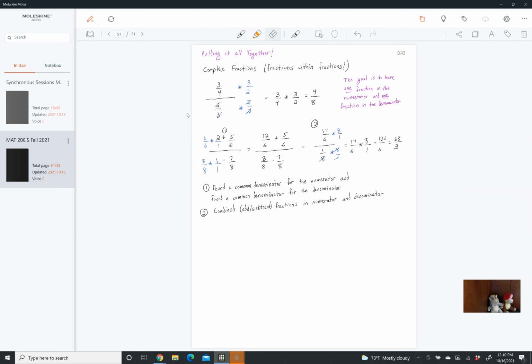That came here. The middle step, the 12 over 6 plus 5 over 6, over 8 over 8 minus 7 over 8, was still part of the process of finding the common denominator.